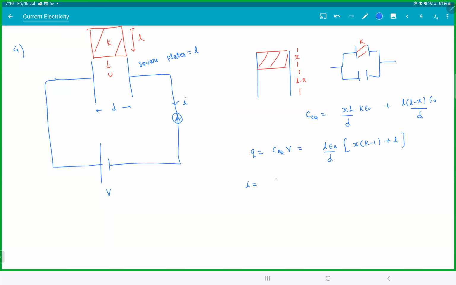So current I would be dq by dt, which turns out to be constant. That is the trap. That would be L epsilon V (K minus 1) U by D. So you get a constant current.